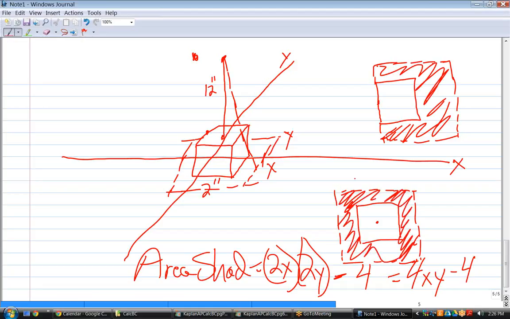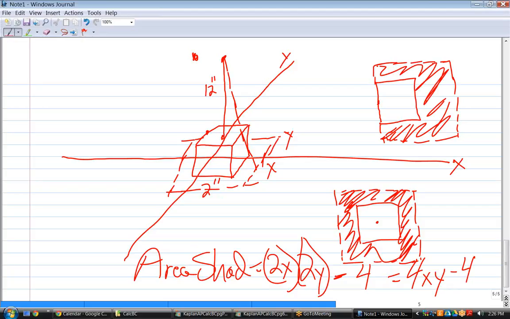When we got 2x and 2y, how do we come up with the 2? Well, if I center this cube at the origin, this cube is 2 inches per side, then it gives 1 inch that direction, and 1 inch that direction, and 1 inch that direction, and 1 inch that direction. So the base of this cube is actually 2.